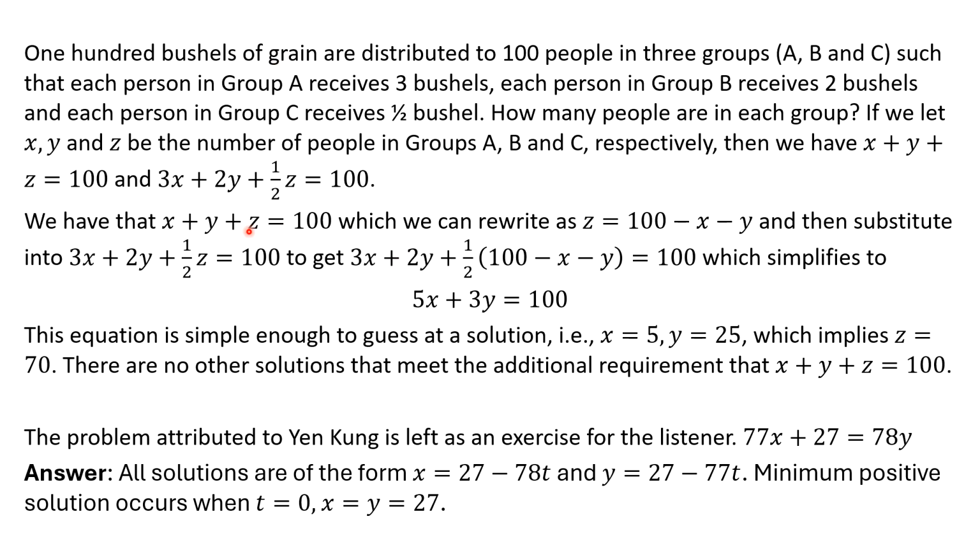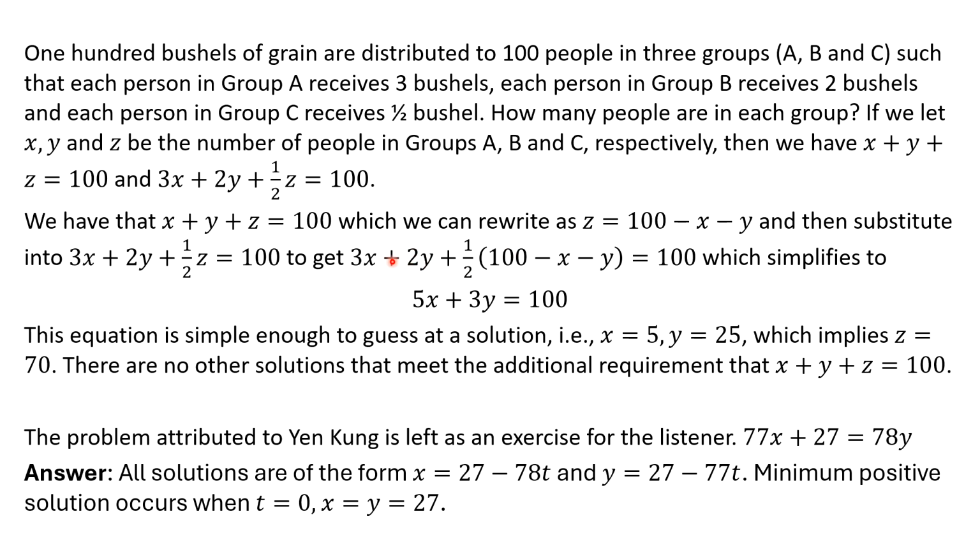We're told that at the beginning. Okay, so we can rewrite this equation here, just taking the x and y to the right. We have this, and then we can substitute this expression for z into this second equation. We get this here.